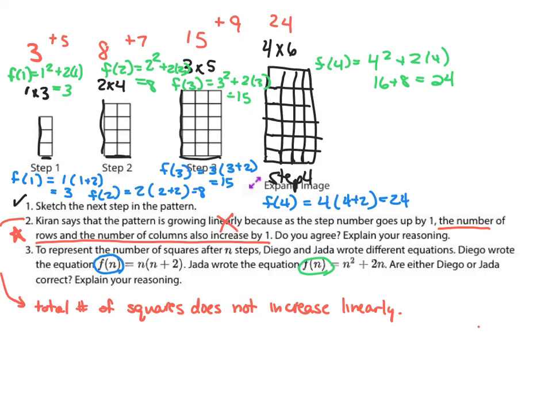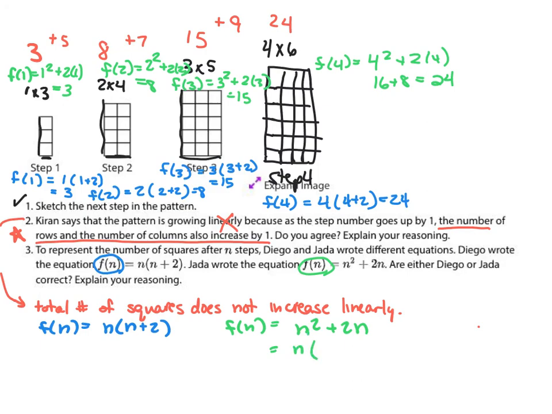Let's talk about why they work in another way. This is our last thing we're doing, so don't give up. N plus 2. And then if I look at n squared plus 2n, I can do what's called factor out the greatest common factor.